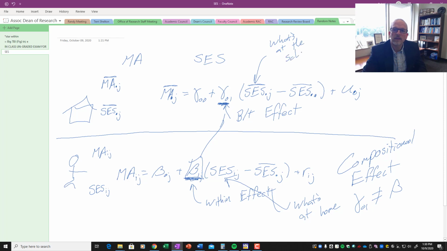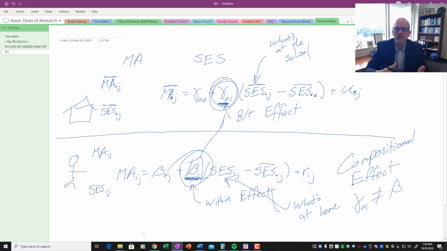And this is becoming less and less the case, but especially in this data set, remember, this is one where schools drew a lot of their budget from the property tax within their area. And so it's entirely possible that if the average socioeconomic status for a school is higher, that school may also have more resources. And that's why we might be concerned that the relationship here is different than the relationship there. So that's my compositional effect.